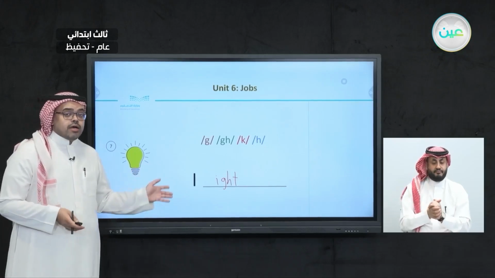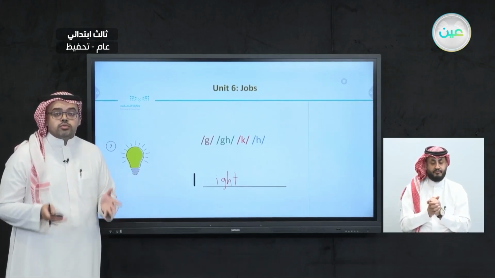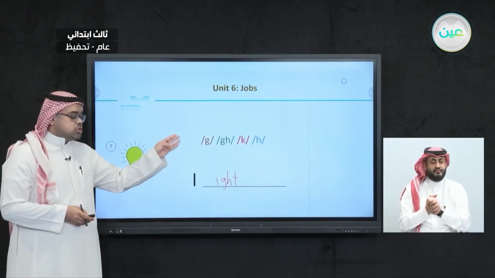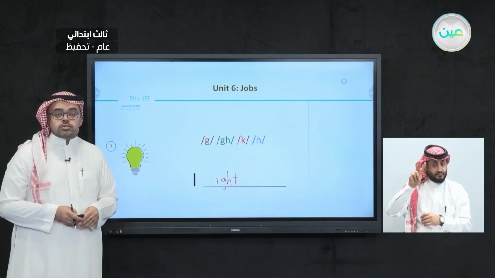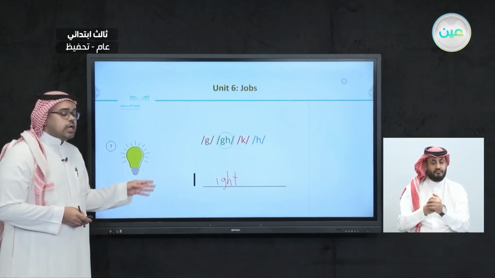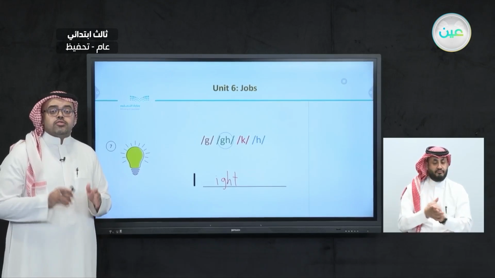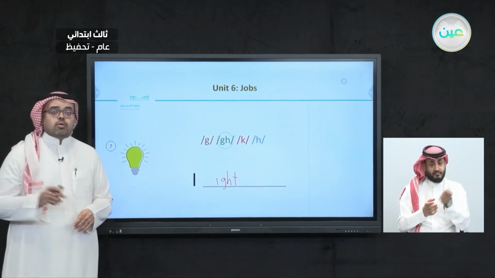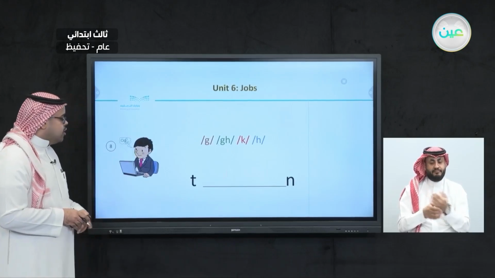So, by saying this word, light, what do you think the missing letters are? Is it G, H, K, or H? Of course, the missing letters are G and H. These are the silent letters that we write them and we don't say them. Now let us move on to the next one, number 8.